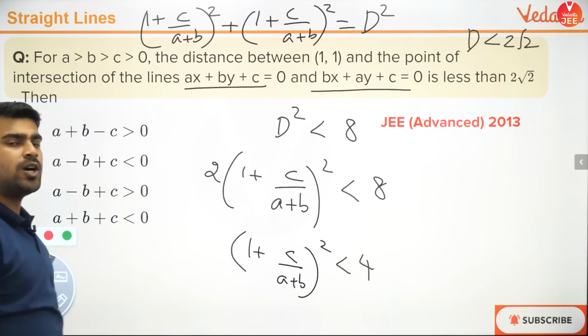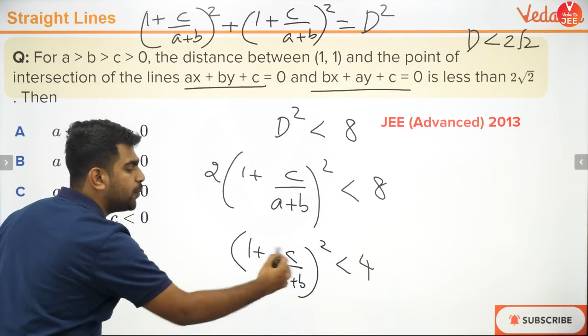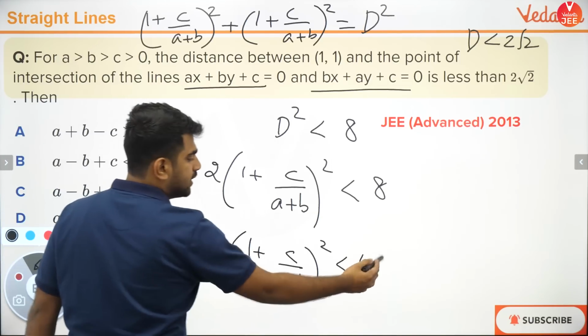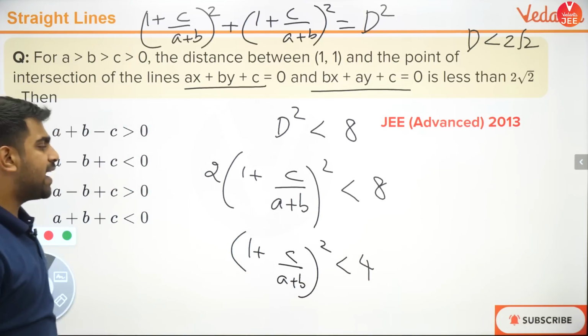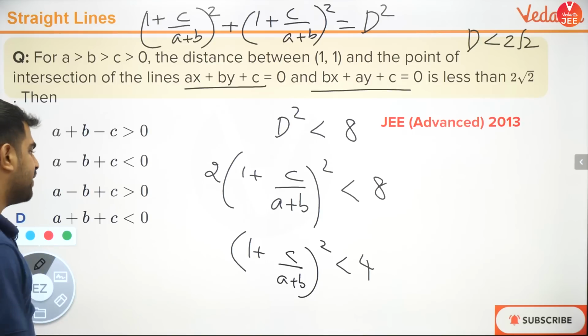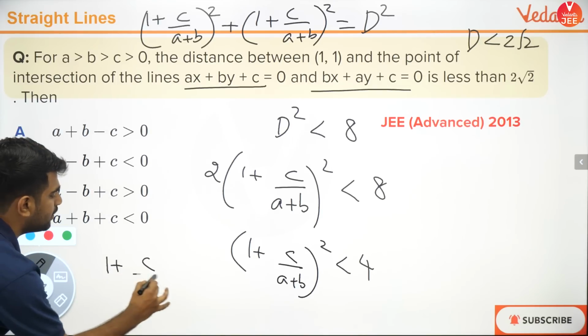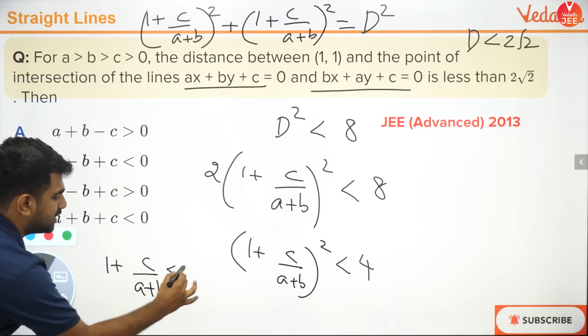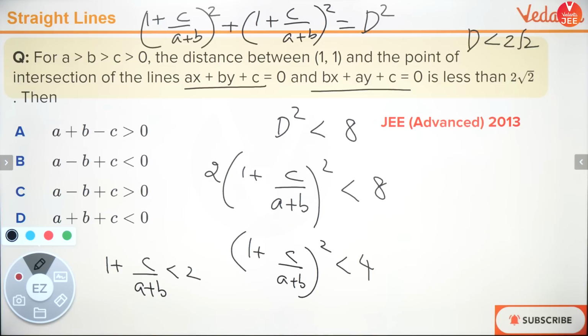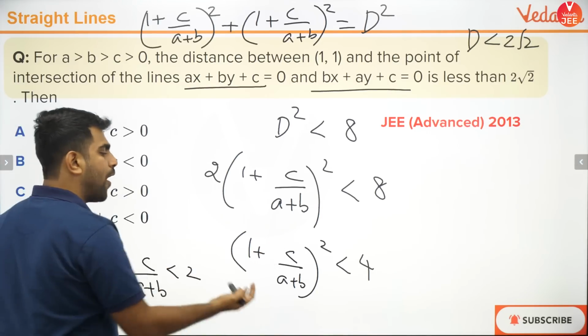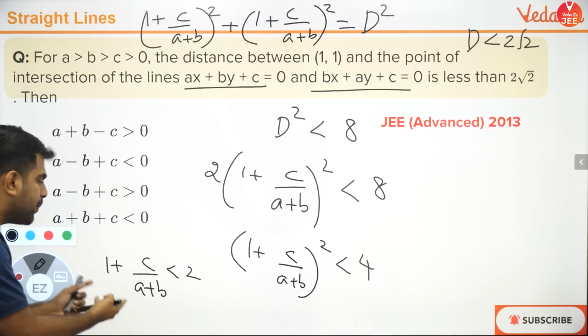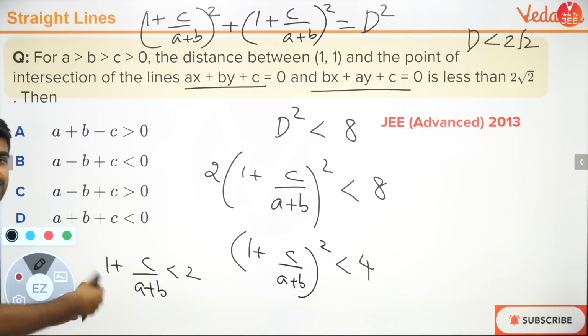So guys, I know that this inside quantity is positive and I know that this is also positive. So if I take root on both sides, I will write it as 1 plus c by a plus b is less than 2. Very simple, because when I take root, whatever comes outside the root must be positive, and I know that this is positive. How?